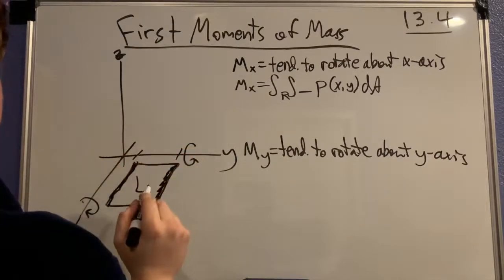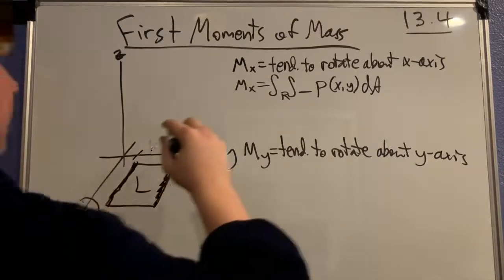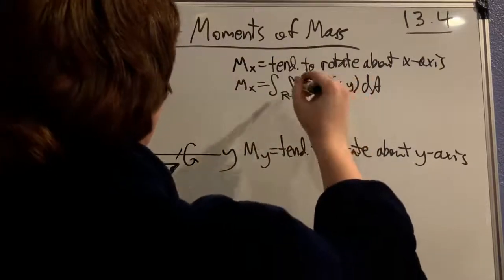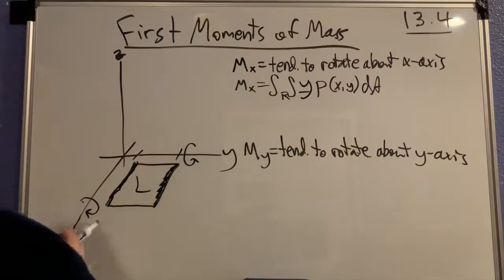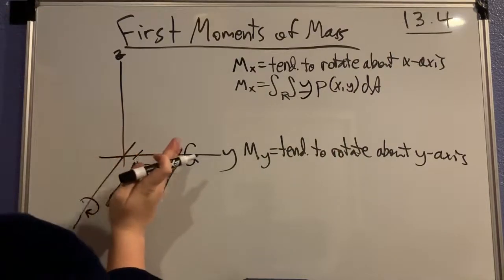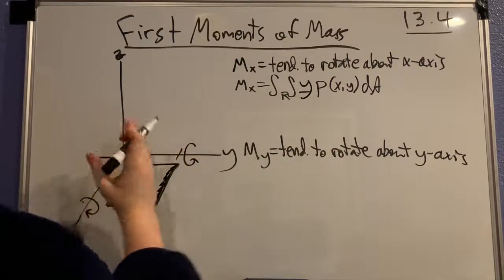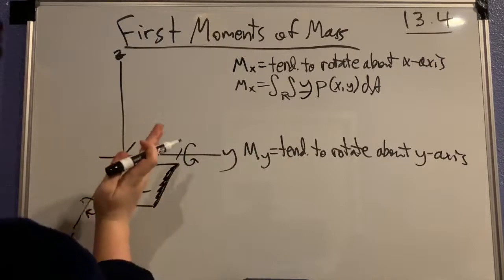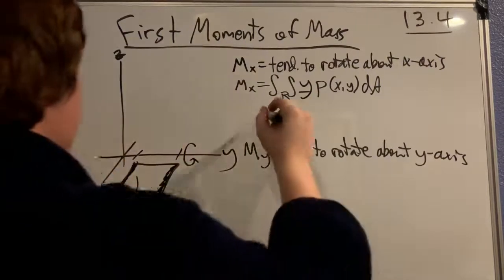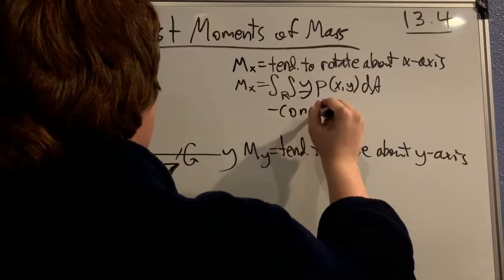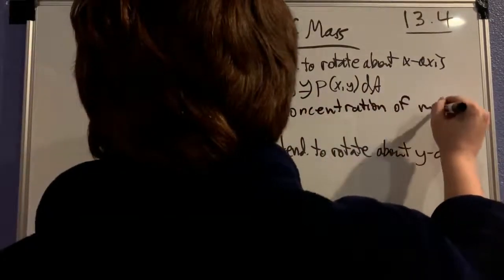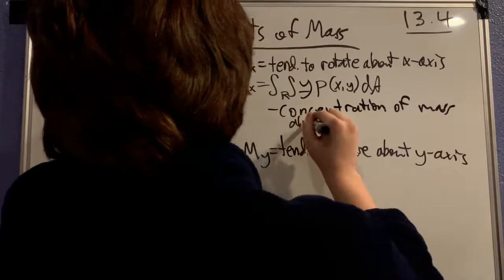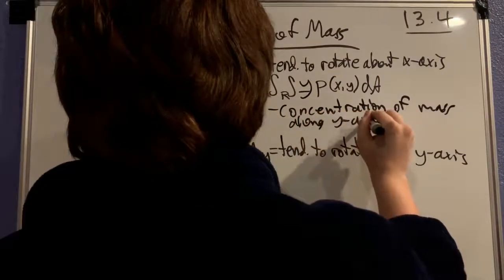And so the tendency to rotate about the x-axis would be measured in y-values, because as you get further along, it gets easier and easier to rotate the more the mass is concentrated. So you can also think about this as concentration of mass along the y-axis.